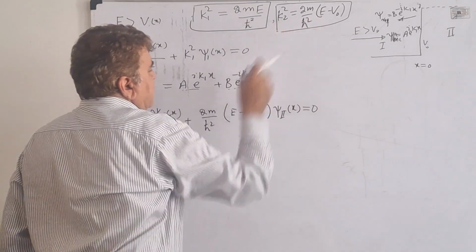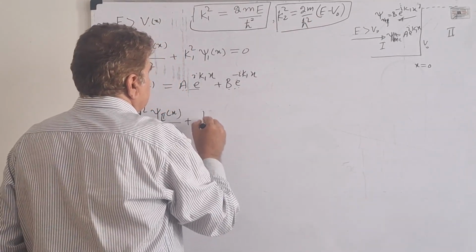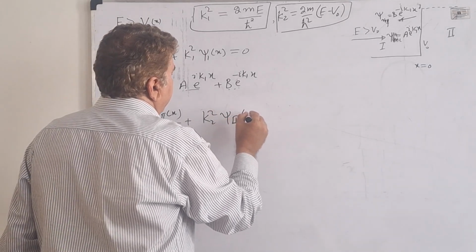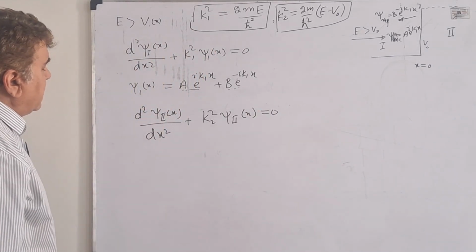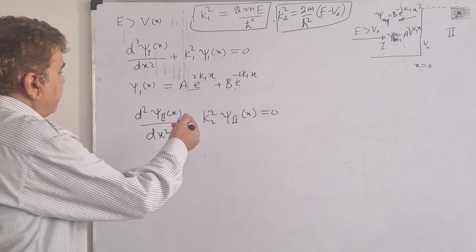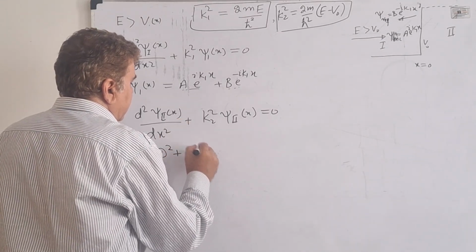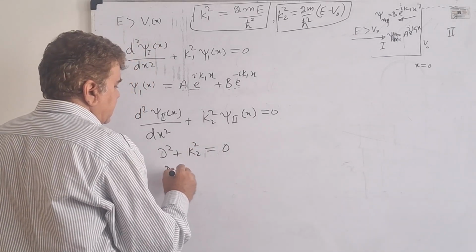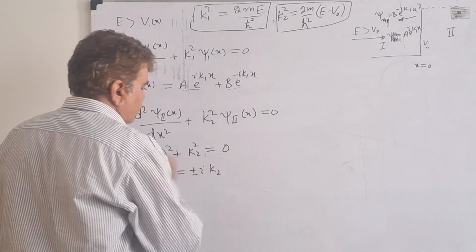If I use this, I can replace the equation in the form d squared psi2 of x over dx squared plus k2 squared psi2 of x equals 0. Now I can write the root equation for this, D squared plus k2 squared equals 0, or D equals plus minus i k2.